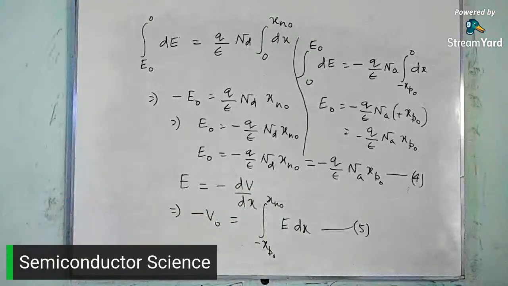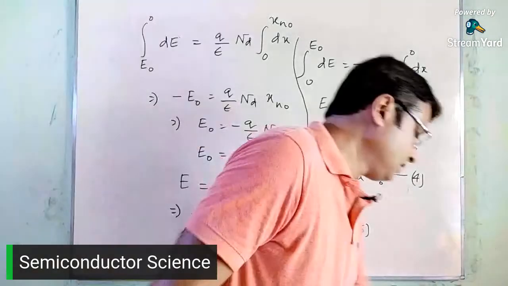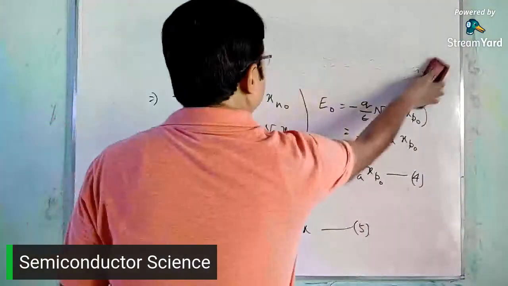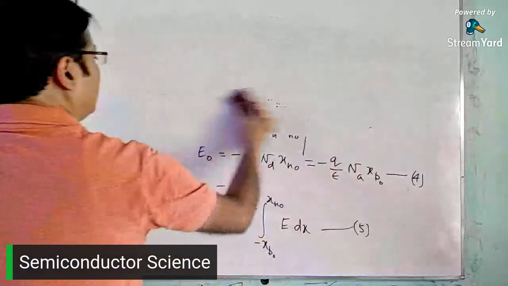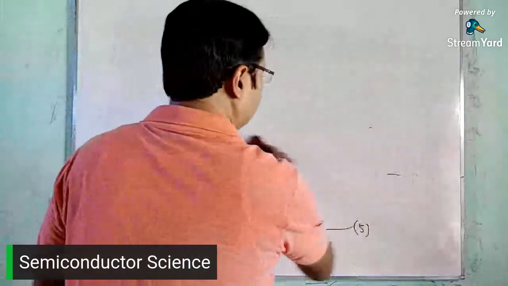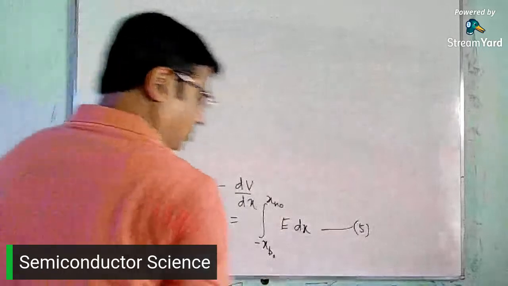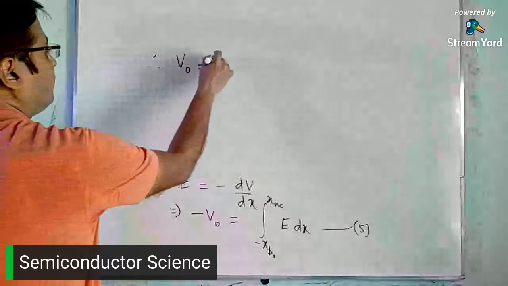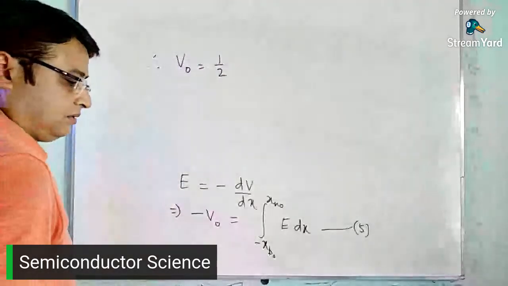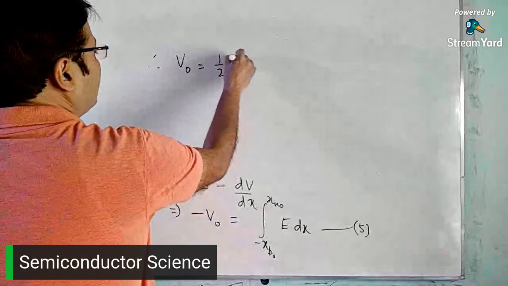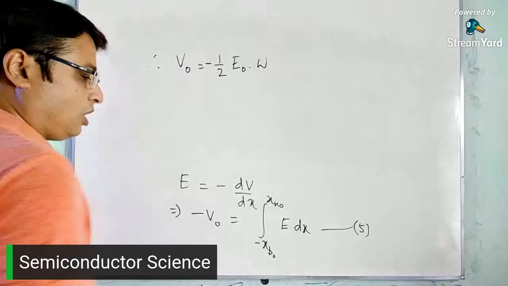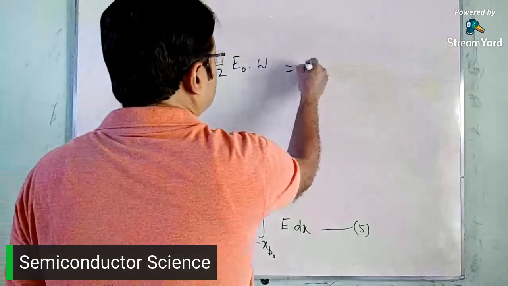Or you can find, as we know, the area of a triangle is simply half the base into the altitude. So V0 equals half of E0 into W, or it can be plus half.